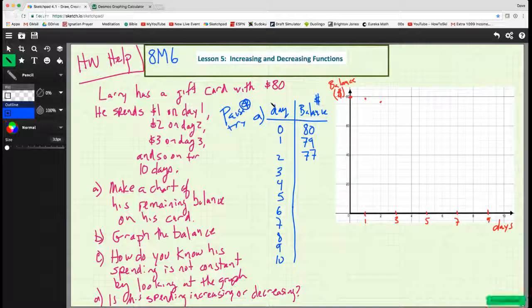All right, now I assume you're back. So let's see. Here we're going to fill out the rest of the chart. Here he spends 1, then he spends 2, now he spends 3, so that's 74.